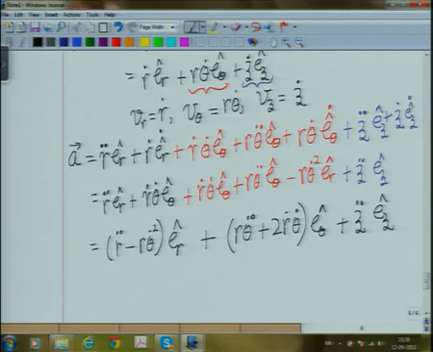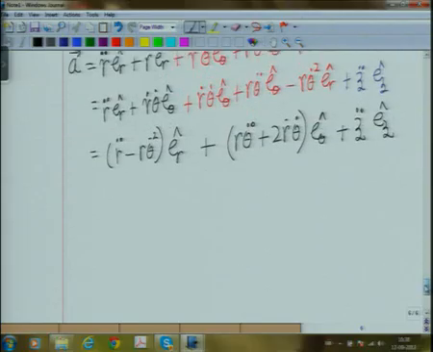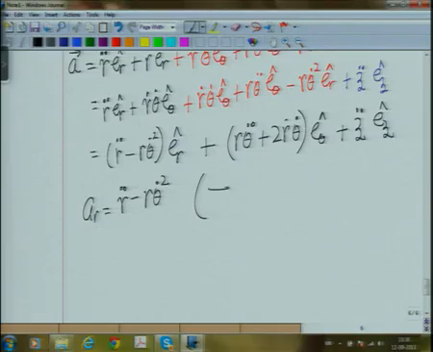I just differentiate these. So what I now get is the r, theta and z components of acceleration. I get a sub r is equal to r double dot minus r theta dot square, and clearly this is not equal to r double dot.